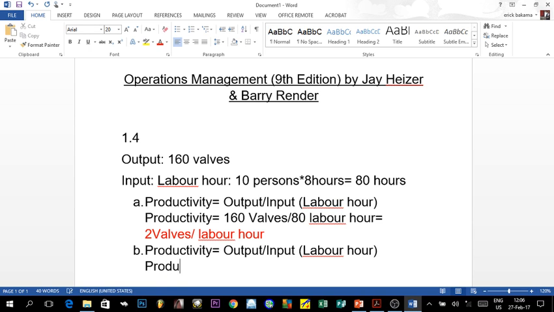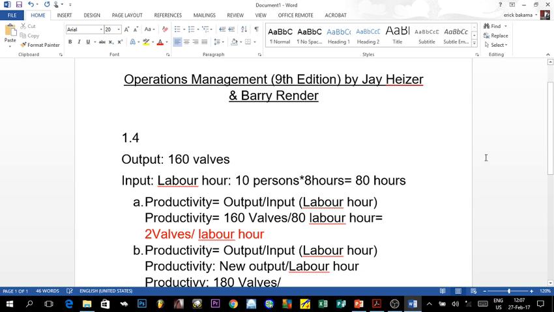So our new productivity is going to be the new output divided by our labor hour, which is our input. Remember that the new output is equal to 180 valves.